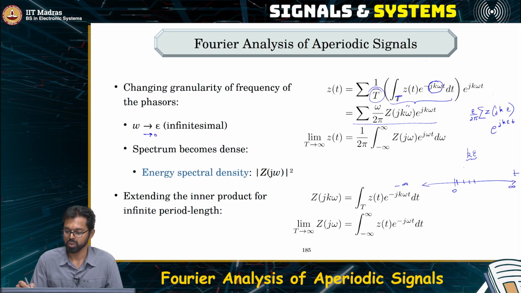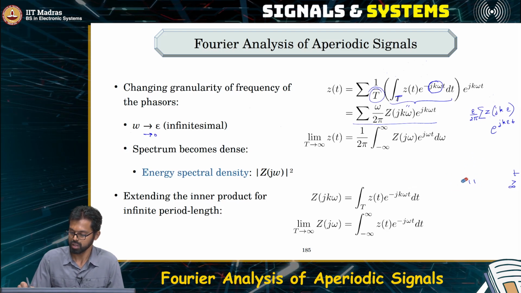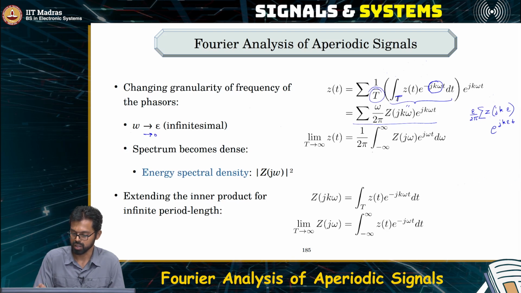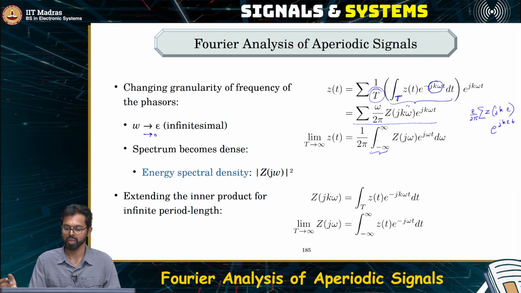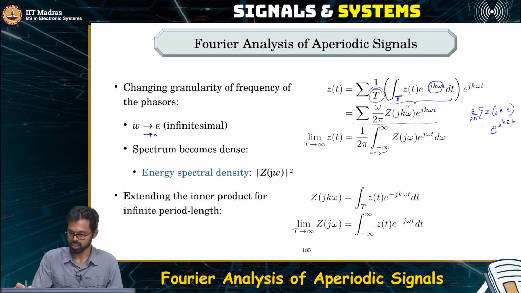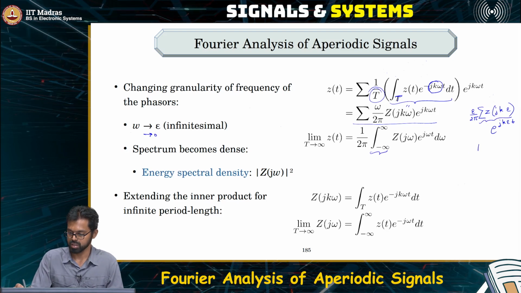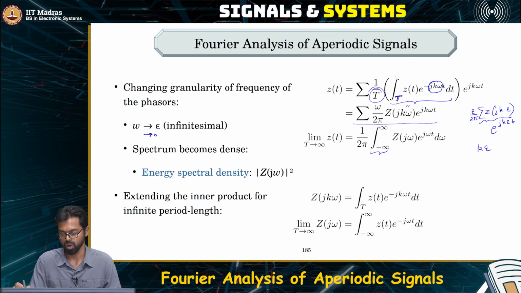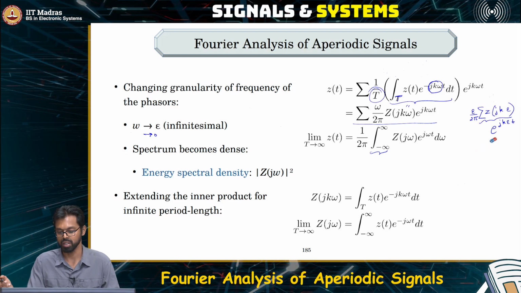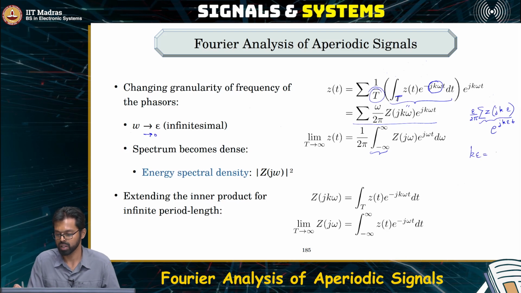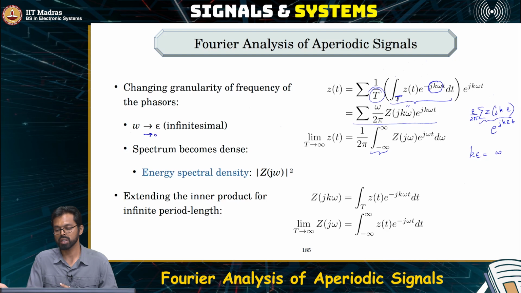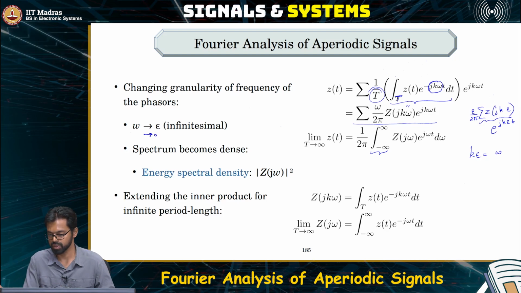Because of this, you can replace this summation with an integral, because epsilon is arbitrarily close to 0. k epsilon can be any arbitrary omega on this entire line from minus infinity to plus infinity.